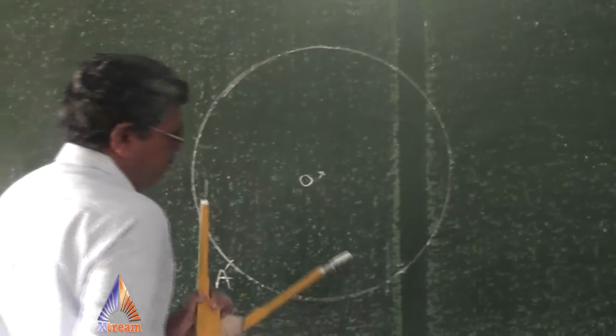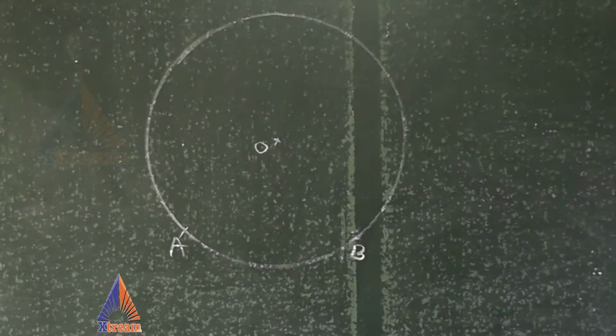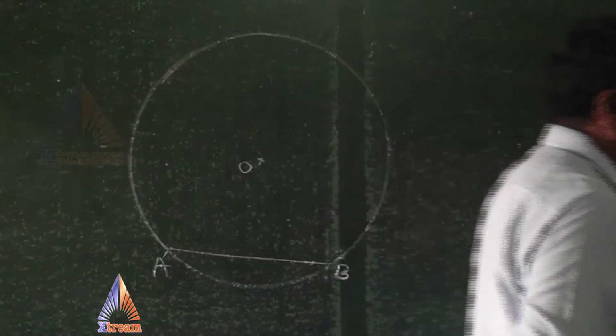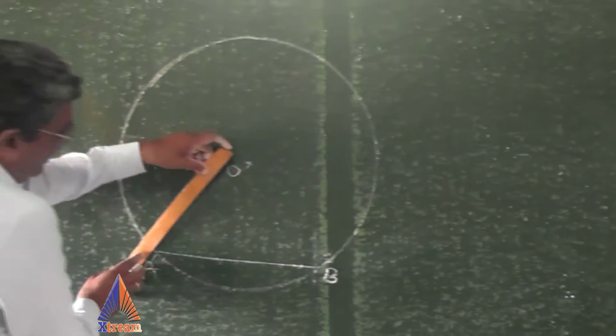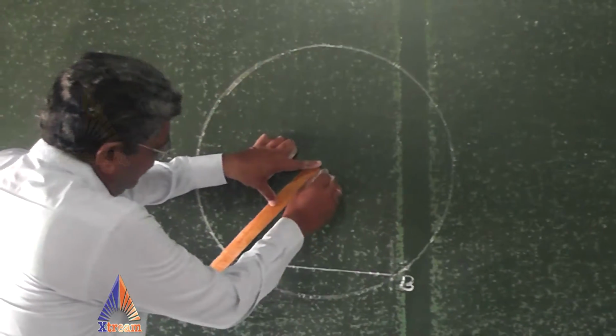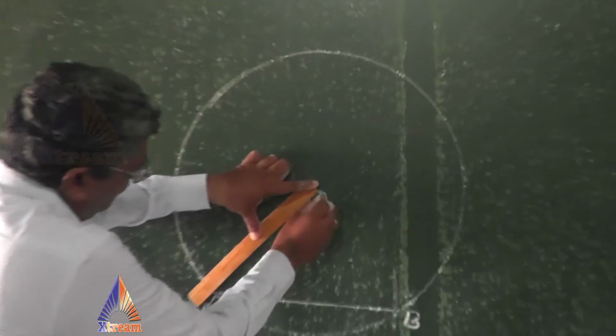So that is called B. Then you can write AB as a chord. After drawing the arc, join AO and BO.